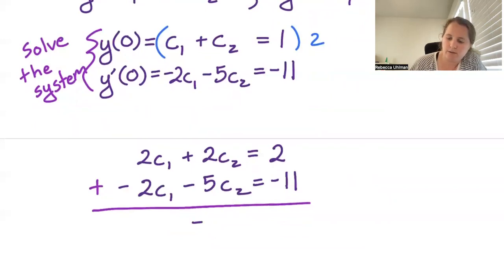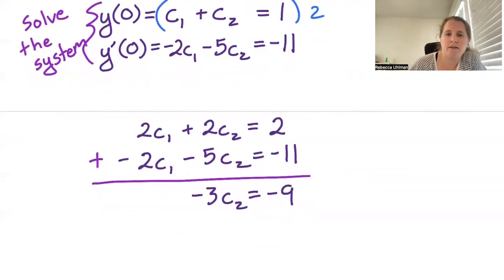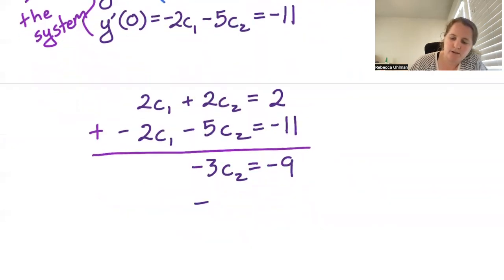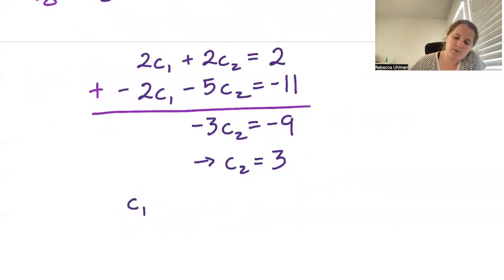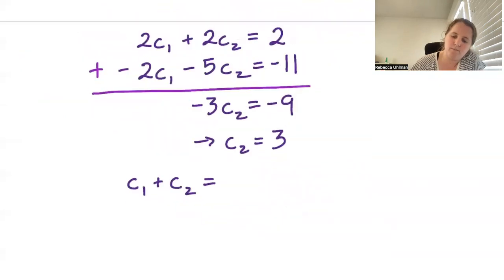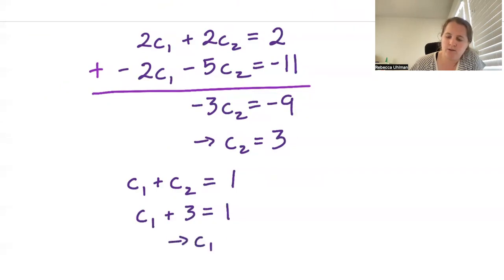We are left with negative 3 times c2 is equal to negative 9. And therefore, c2 is equal to 3. Then if we use the fact that c1 plus c2 is equal to 1, we have c1 plus 3 equals 1, and we get that c1 should be negative 2.